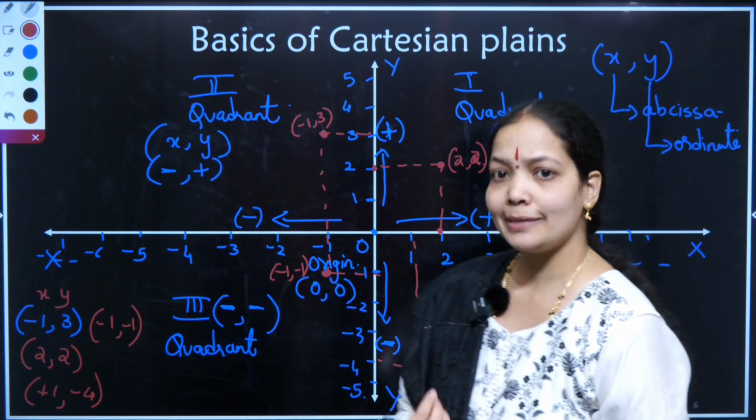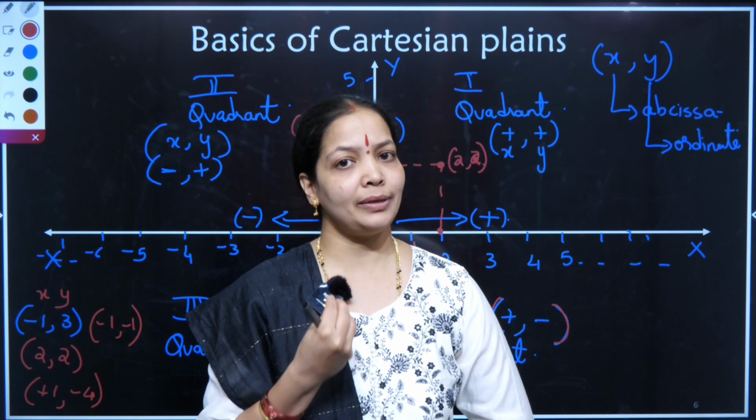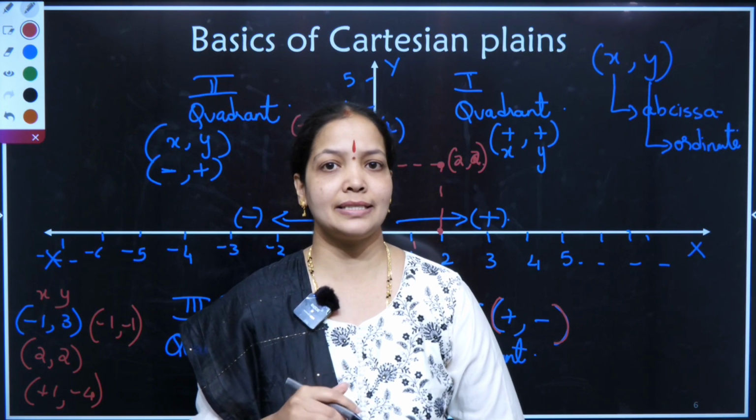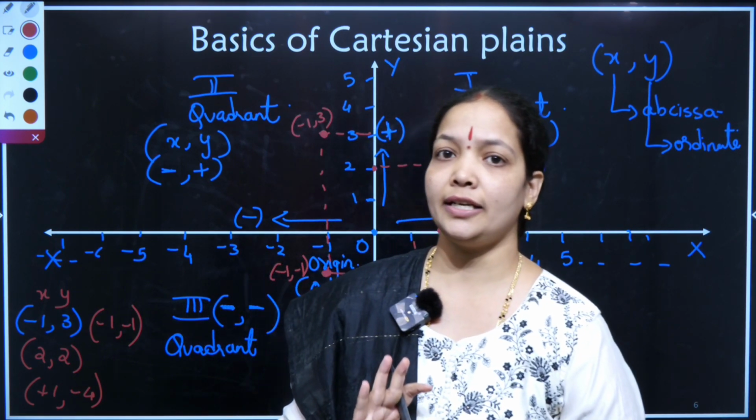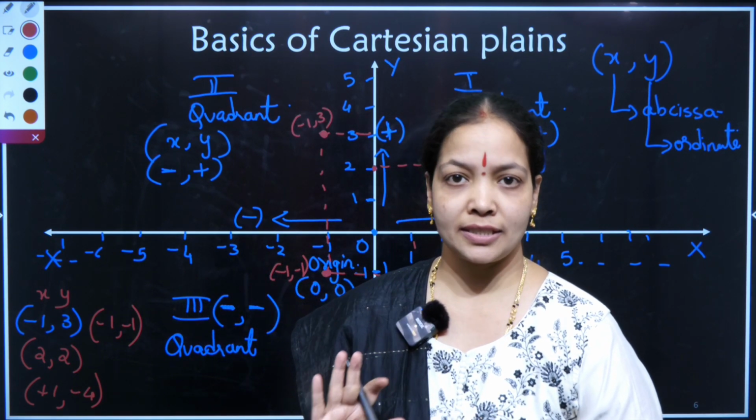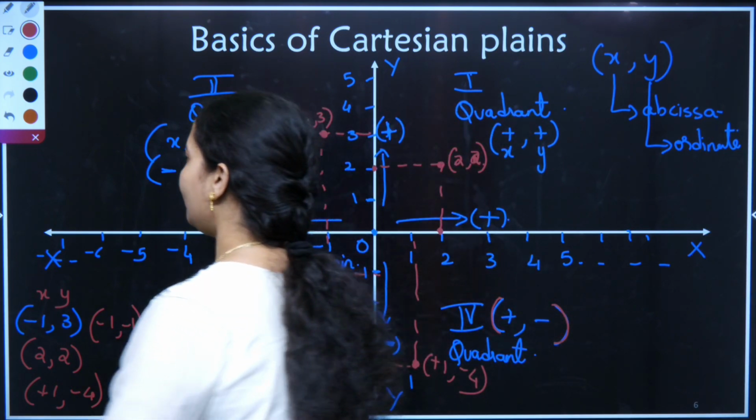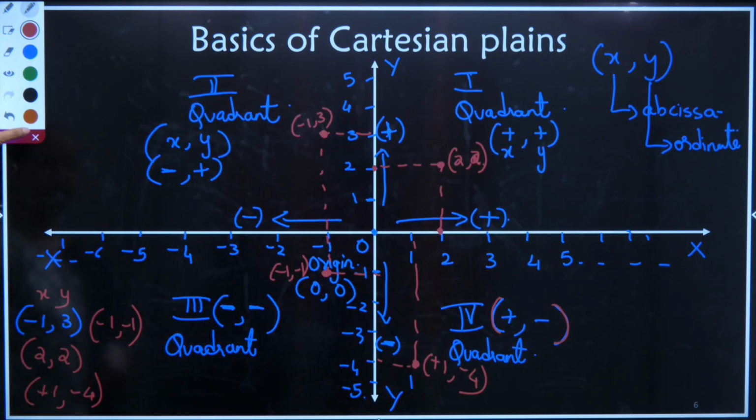This is the most important basic which you have to understand so that your maths is simple, easier, and not very tricky. It's a simple concept. If you have not understood, just comment below.